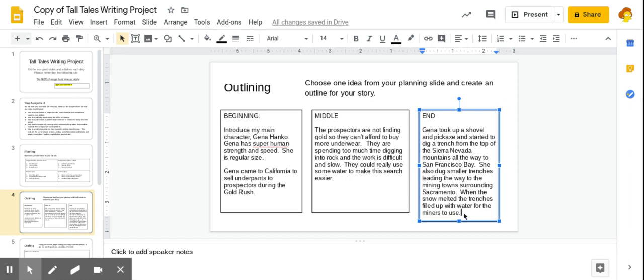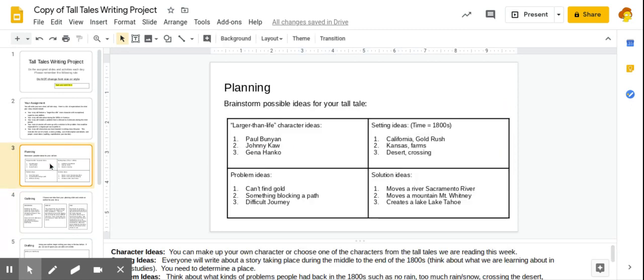So I'm just kind of thinking about how the story is going to flow. So reviewing again what the beginning, middle, and end of any narrative should look like. In the beginning, we're trying to figure out who our main character is and where they are, the time and the place. And then in the middle, we're going to introduce a problem. So go back to your planning to grab one of those problems there.